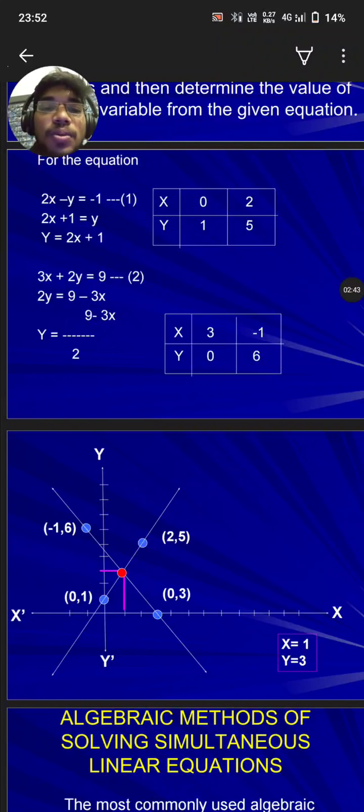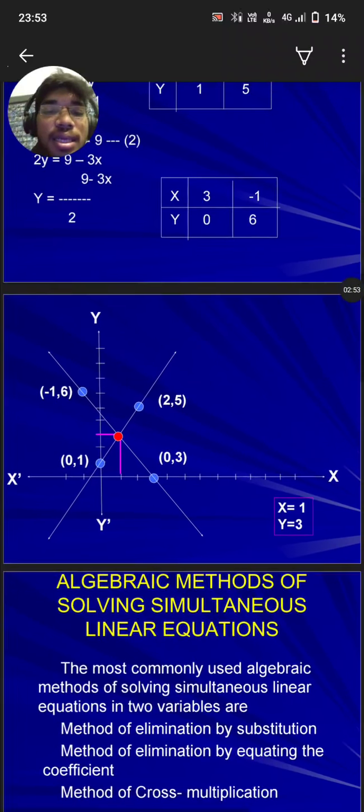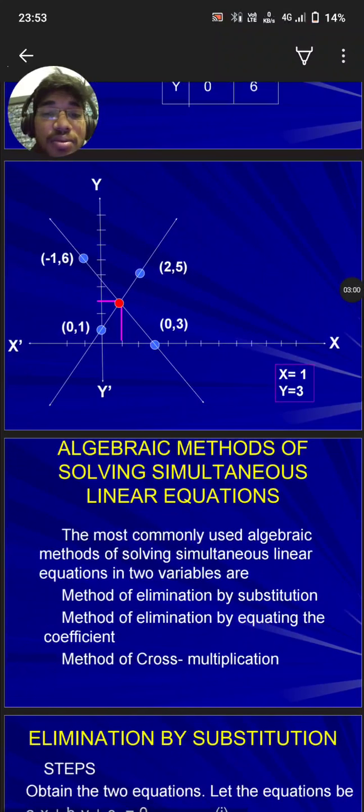Here y is the subject and x keeps varying, meaning we give some values for x to get the output y. Then we can draw a straight line on the 2D graph. So we can understand one thing: the graphical representation of linear equations is always a straight line.